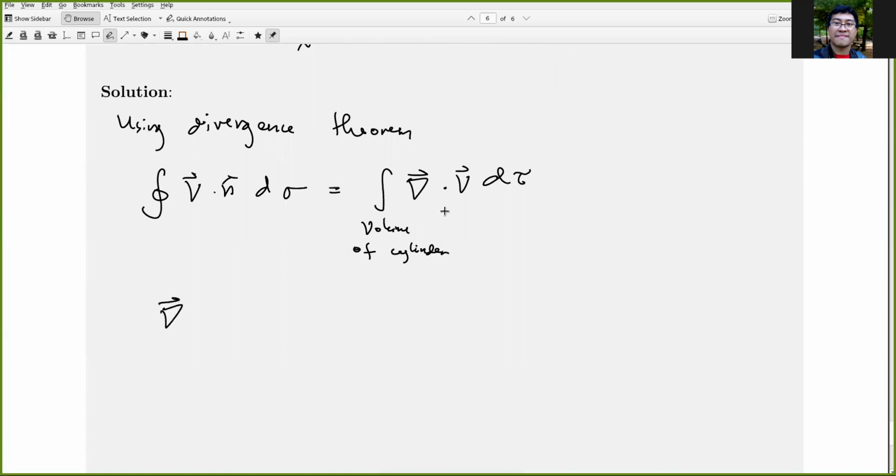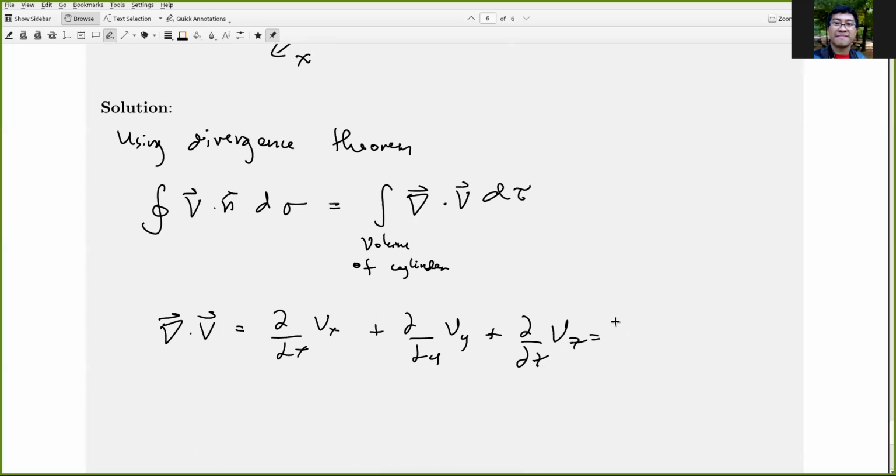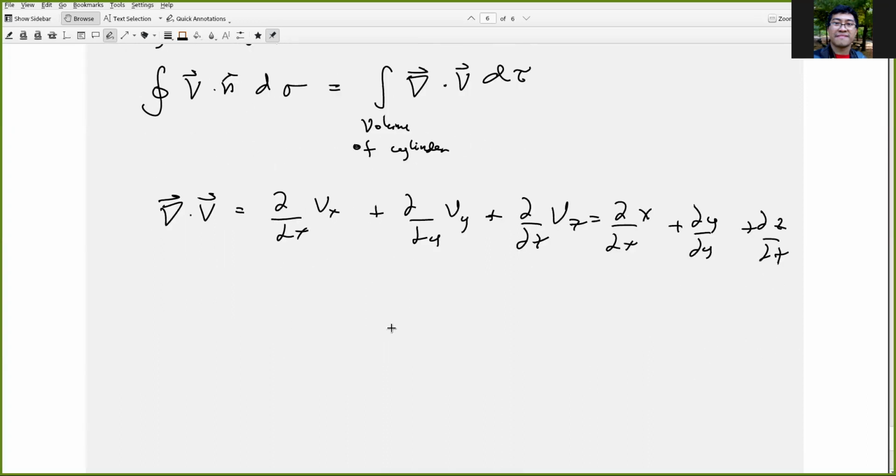For del dot v, if you use this expression, del dot v is simply the partial with respect to x of vx plus the partial with respect to y of vy plus the partial with respect to z of vz. Vx, vy, vz are x, y, z. So you have partial x with respect to x plus partial y with respect to y plus partial z with respect to z, which is 1 plus 1 plus 1. This is 3.